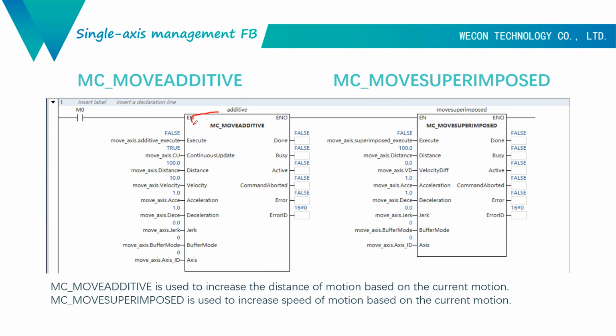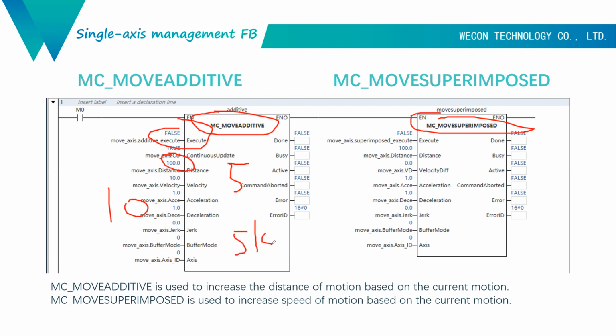And both of these functions could be executed several times. For example, we have a current motion of 10 distance, and during the motion, we execute this function block 5 times. Then our final distance will stop at 510.